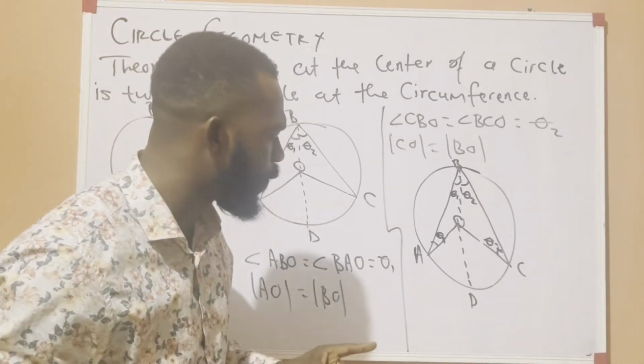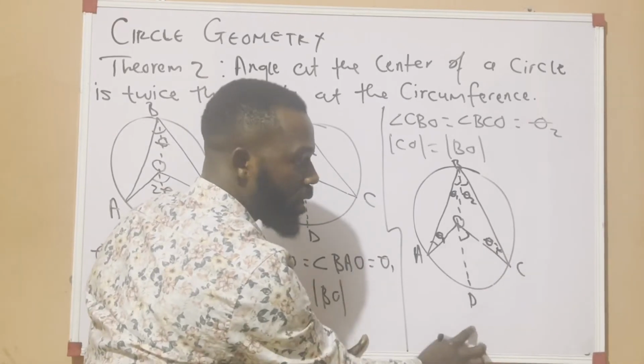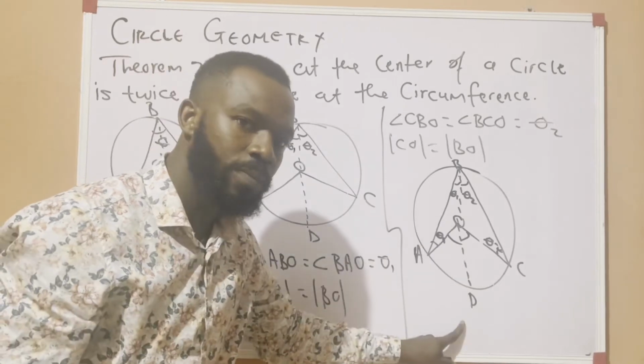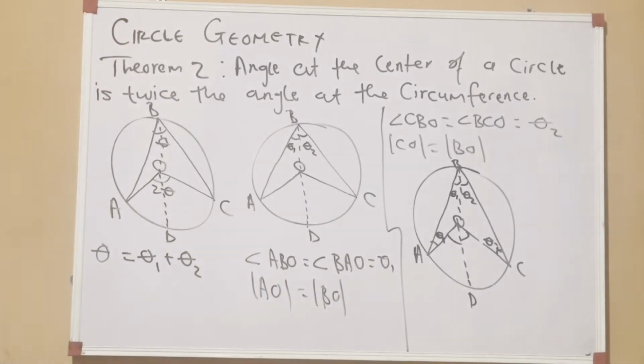Next, we are going to look for this angle here, which is angle COD, and this angle here, which is angle AOD. That is the next angle we want to look for. And how do we get that? Let's proceed.